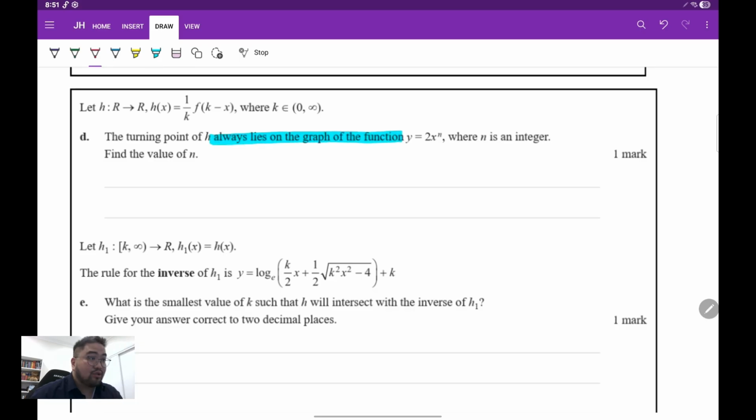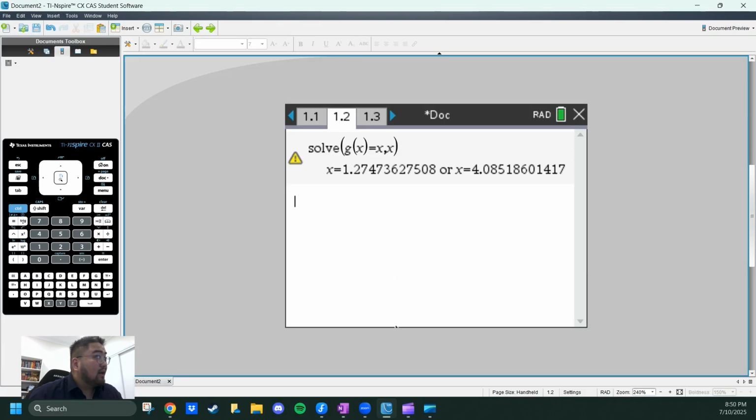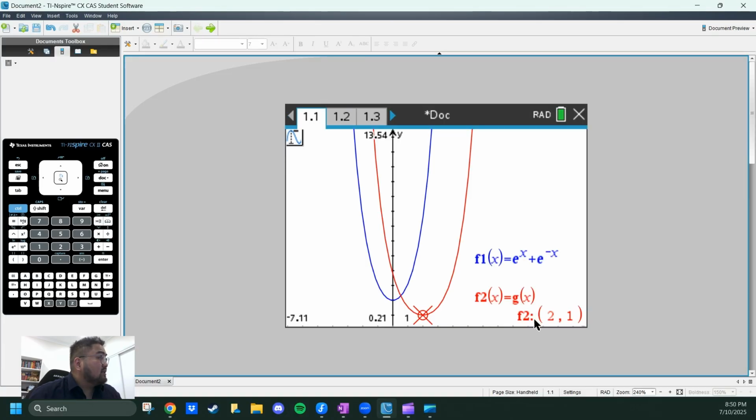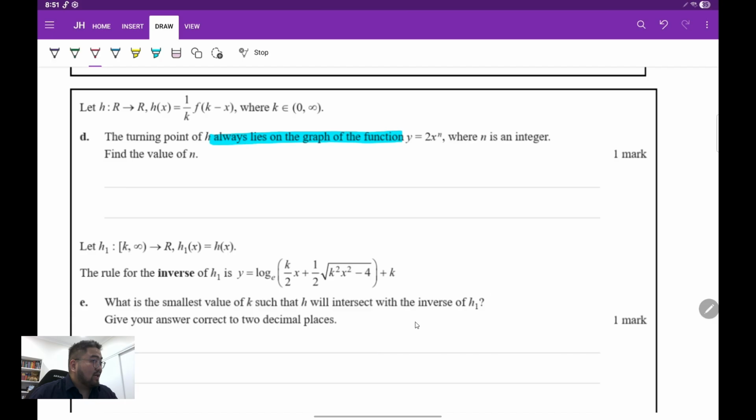Now, if we go back to our previous graph, this turning point, which has a particular transformation, is always on (2, 1). It is going to be on that equation that we talked about, 2x to the power of n. This is a specific case, whereas this here is talking about the general case.